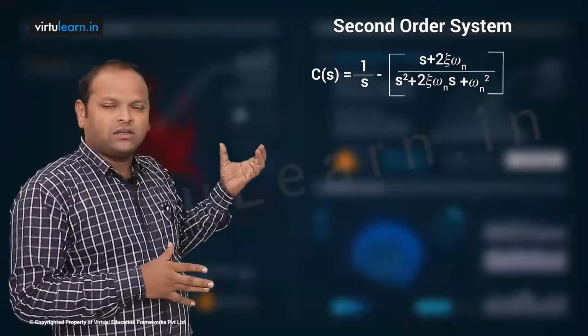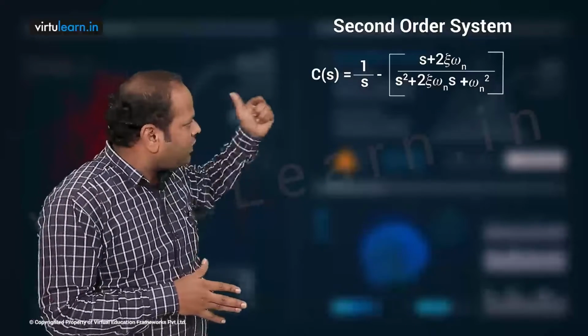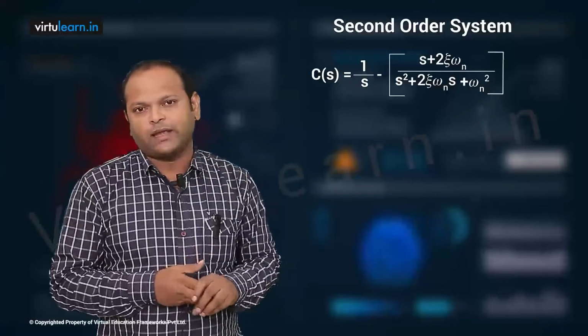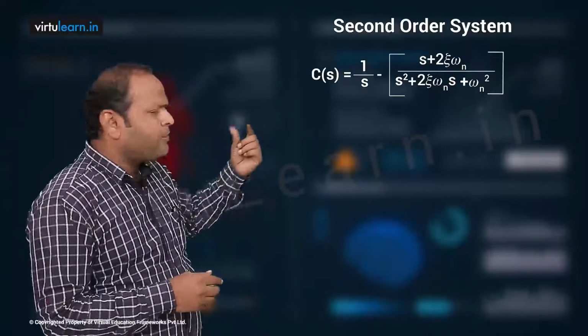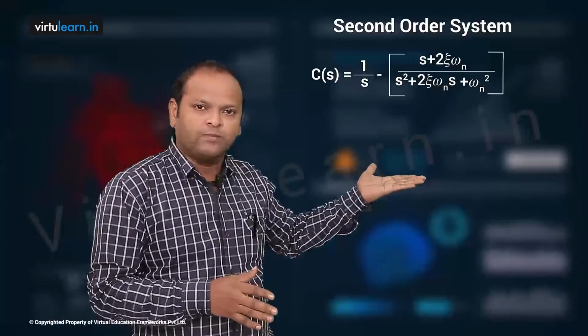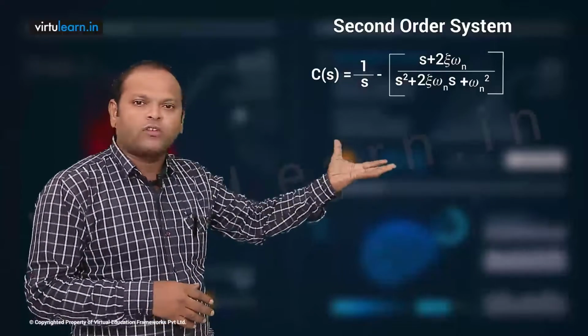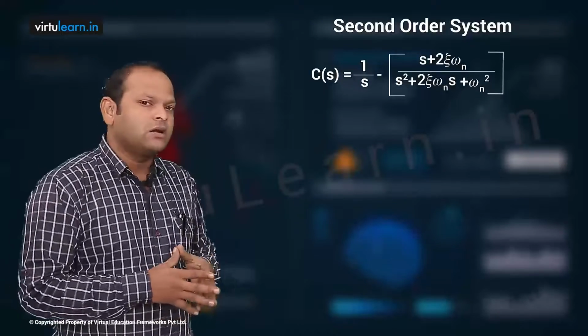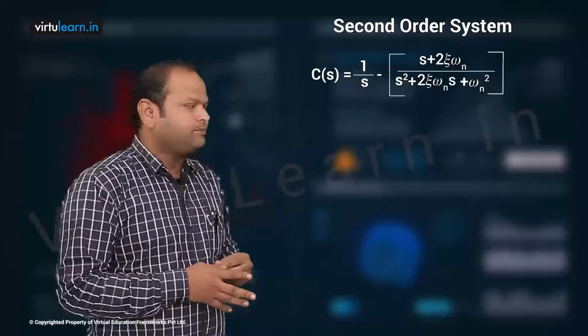When you look at this expression for C of s, we already have 1 by s. When you write C of t by applying the inverse Laplace transform, for 1 by s it is 1, we can directly get. The only thing is the second term. So I need to write this in a proper way so that I can apply the inverse Laplace transform very easily to get the time domain equation.